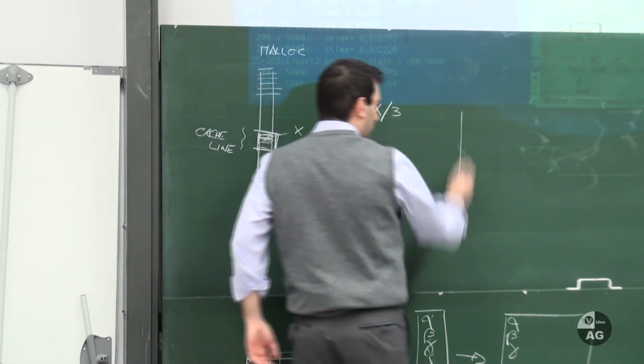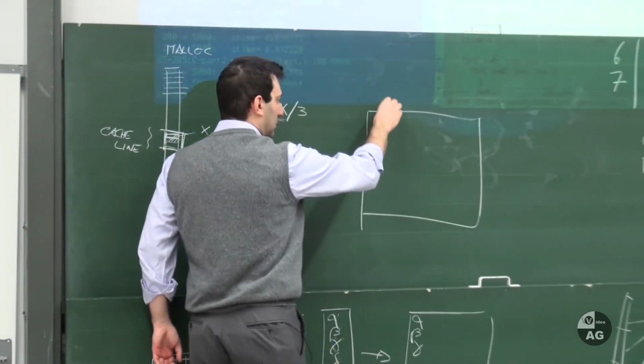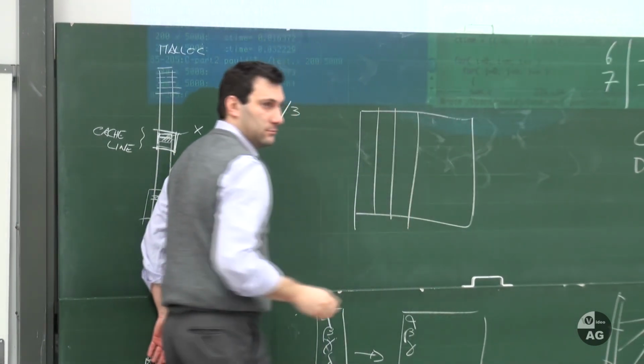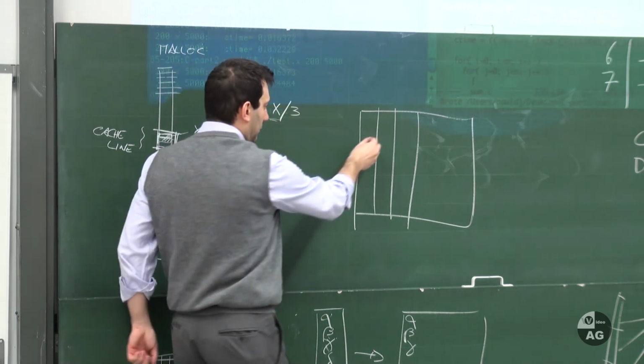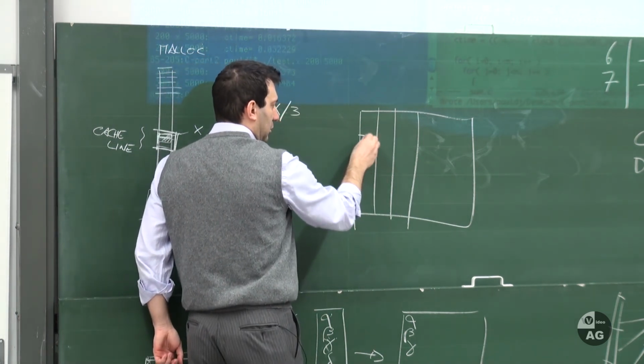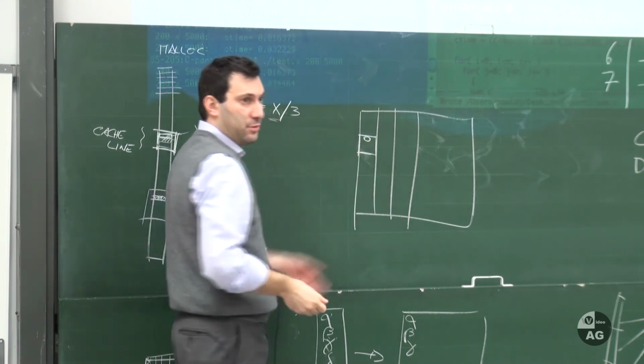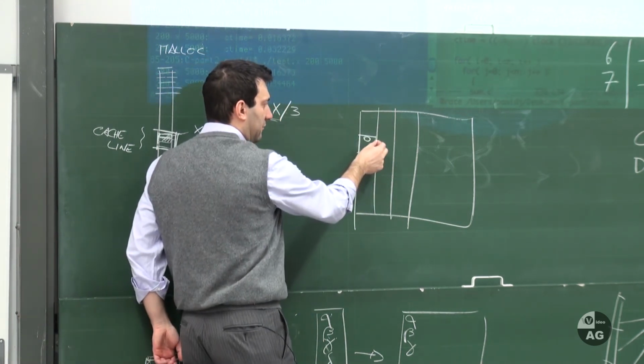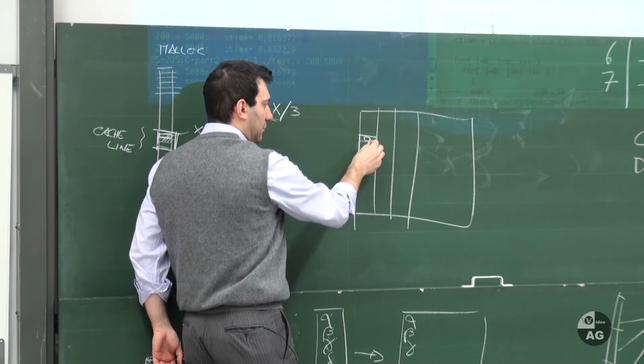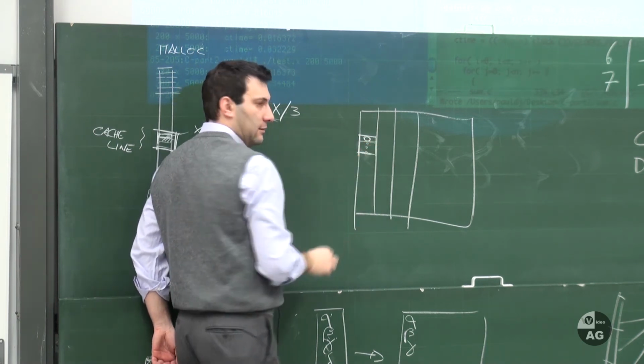Now, if I store the matrix by columns, and then I access this object here, I pay the price not only to retrieve this piece of data, but also to retrieve these guys.